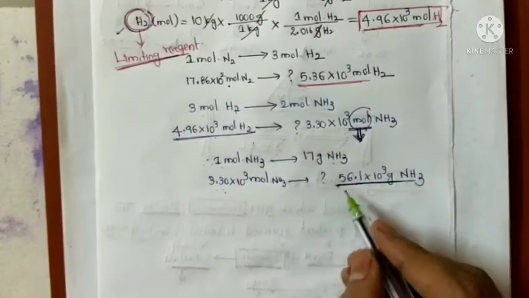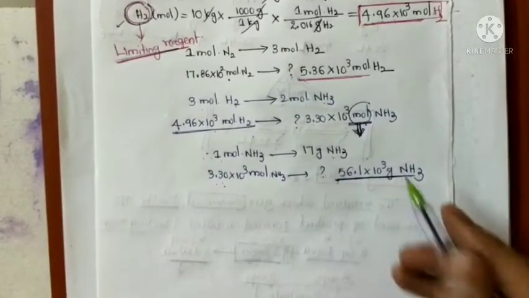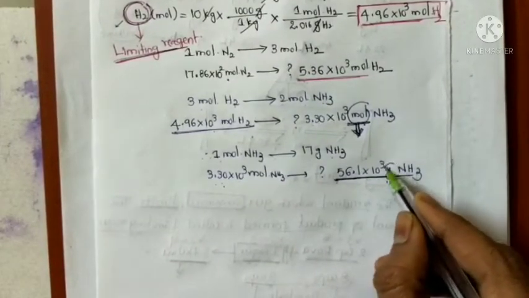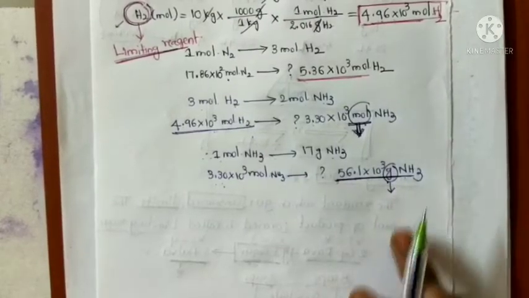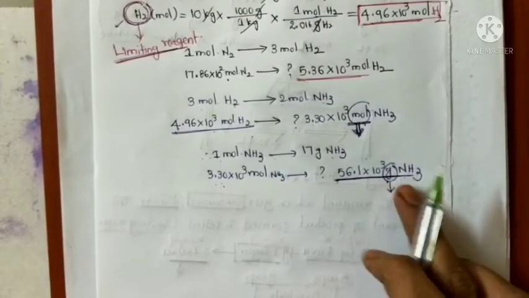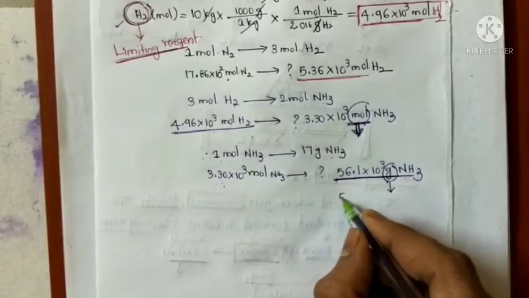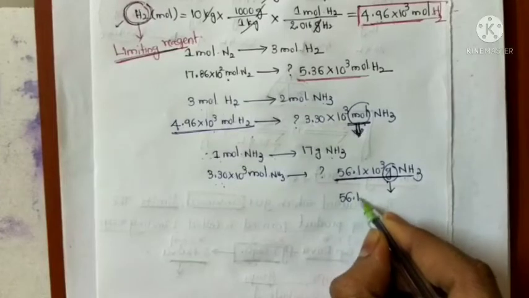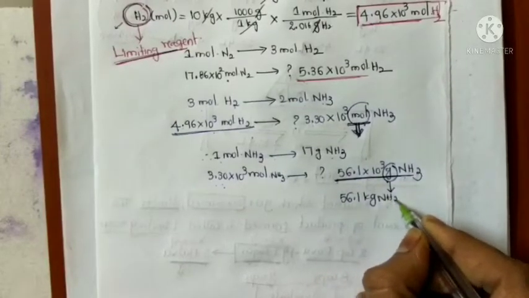That is 56.1 into 10 to the power of 3 grams of ammonia. So these grams are also converted into kg. 1 gram converted into kg is 10 to the power of minus 3. The plus 3 and minus 3 cancel. That's why 56.1 kg of ammonia will be produced.